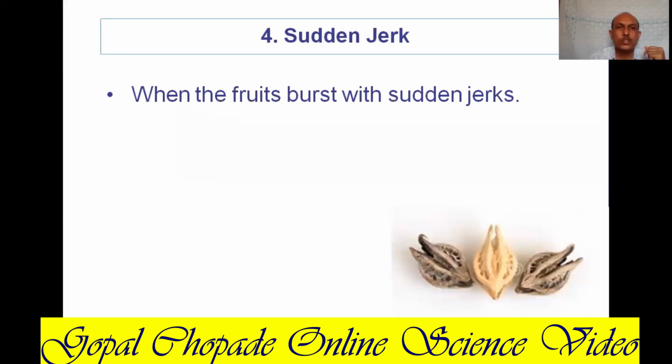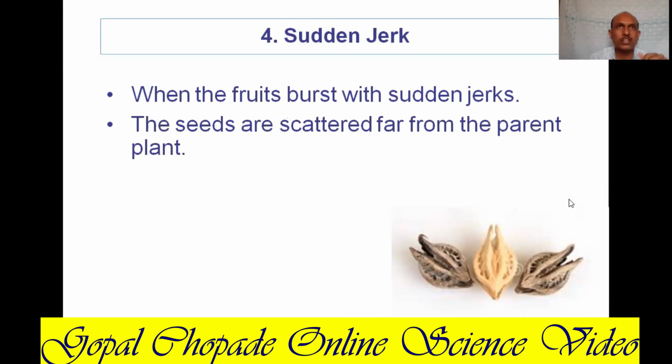So the fourth method is by sudden jerk. So the fruit will break, and when it breaks, the seeds will get spread to distant places. So when the fruit bursts with a sudden jerk, the seeds are scattered far from the parent plant.